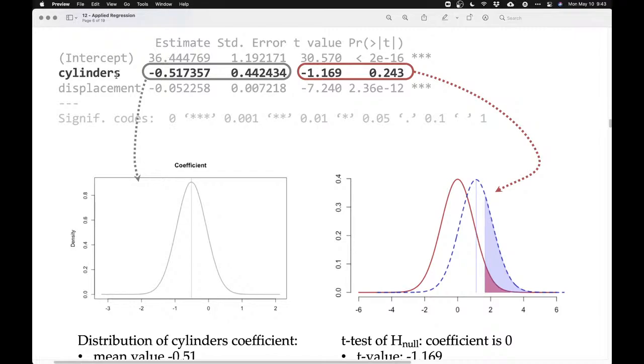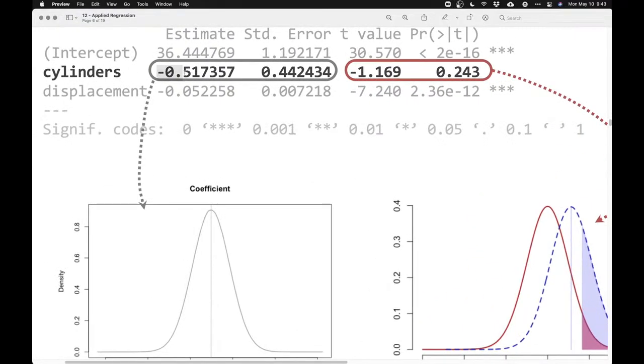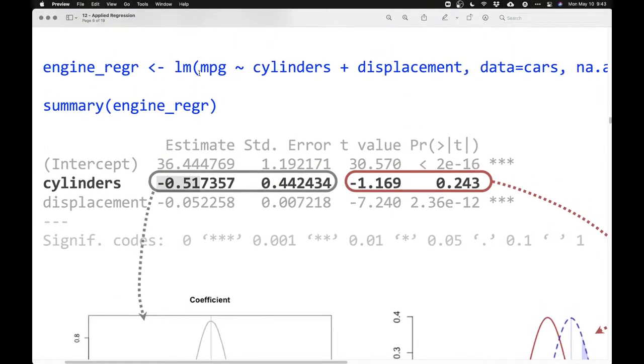All right, so for cylinders, the slope was minus 0.51, which tells us, what does the slope mean? It means for every cylinder, how much does the miles per gallon change?